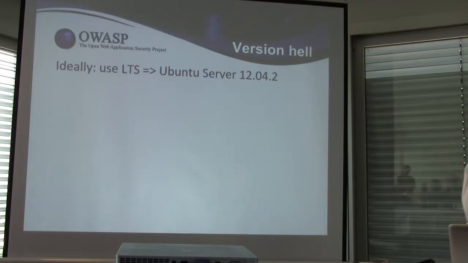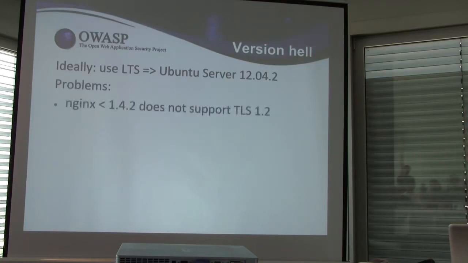Now, it turns out that if you do that, there are a number of problems. And the first one is that the binary packages that are available in official repositories do not support TLS 1.2. So in further talk, it will transpire that that's actually quite important.